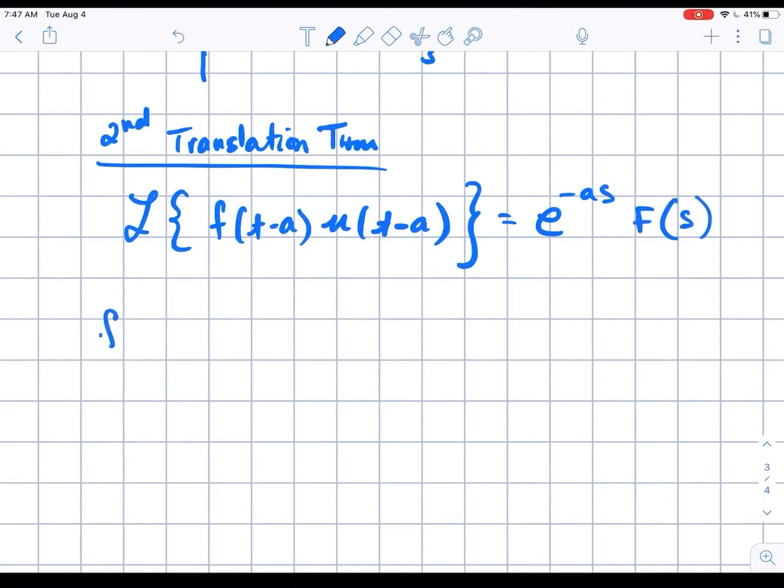So let's go back to this one that we had to start, the easy one where you're going down, start at 2, go down 3, and then go up 1.